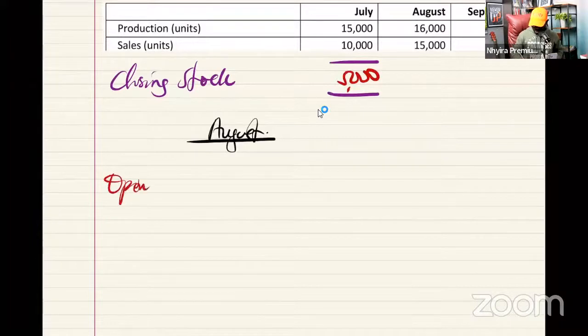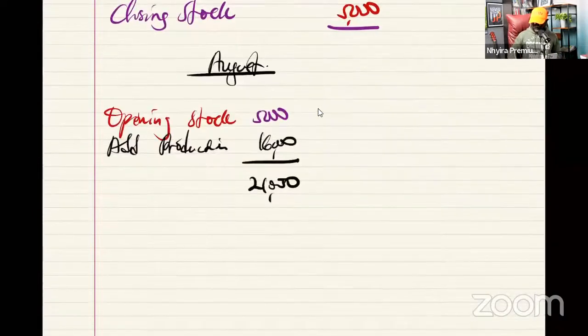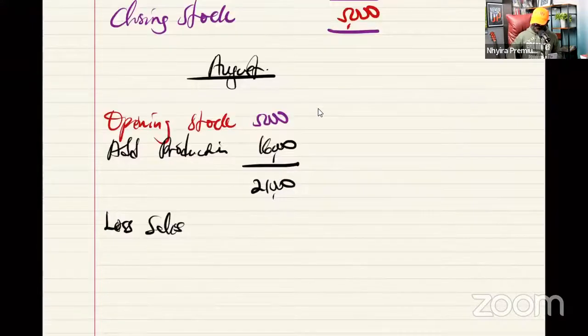So we were going to bring in the opening stock. And that is going to be 5,000. Then you add the production for the August, which is 16,000. So it becomes 21,000. Then you can less the units that we sold, which is 15,000.